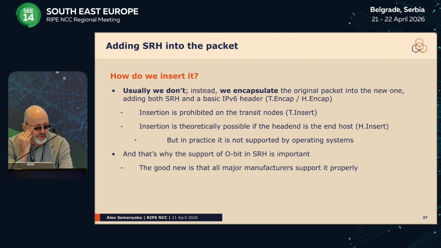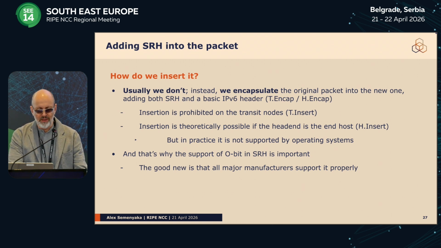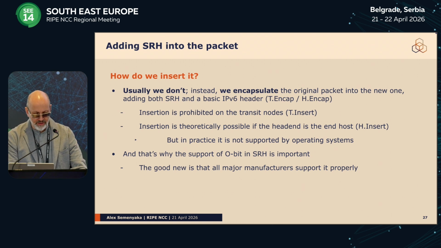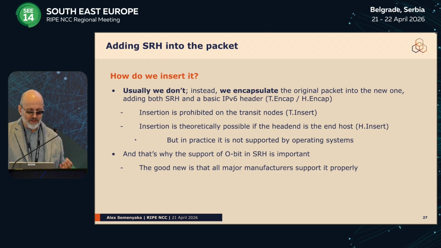How do we insert the header into the packet? Actually, usually we don't. At the beginning of the technology, the people decided to insert it, to add the SRh to the existing packet and change the behavior of the existing packet.